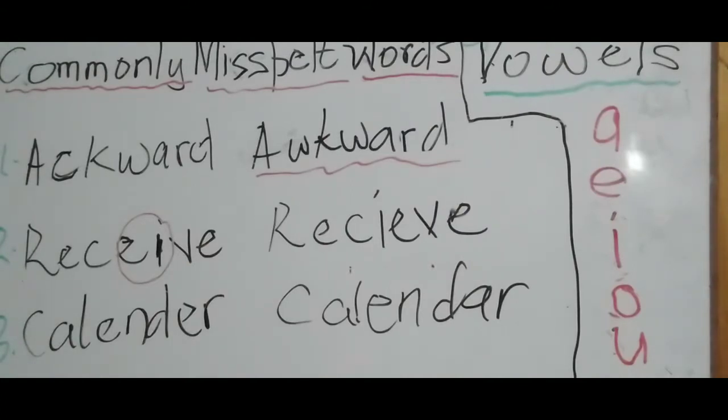But in the case where there's a C coming before the E and the I, like in the word receive, then the E comes before. So I give you the answer right away.